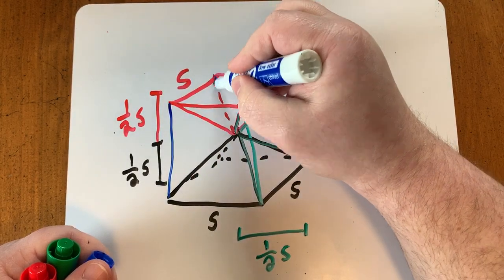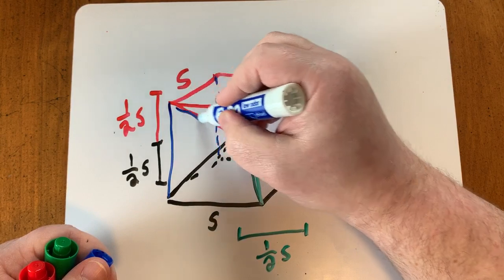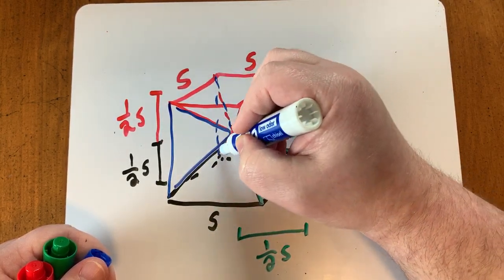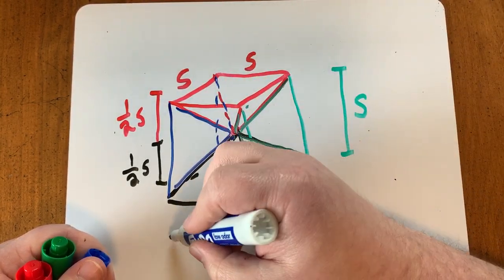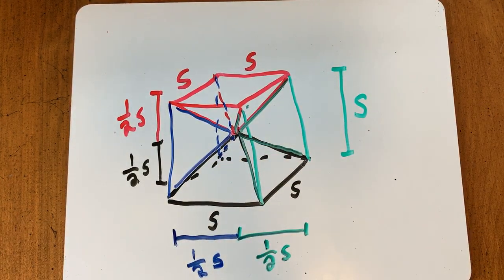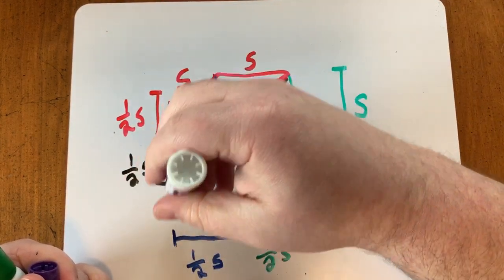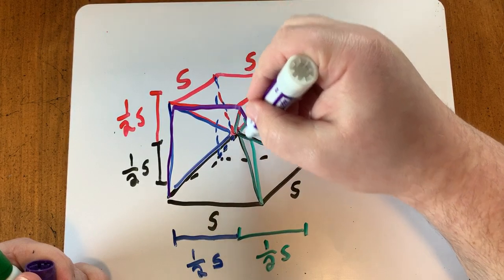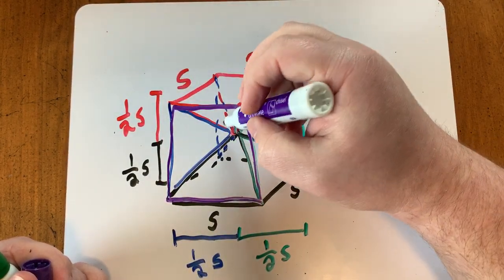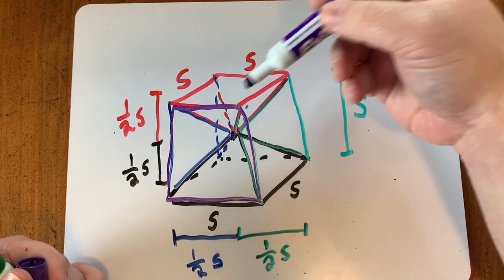From there to there is S. And then we have these making that pyramid on the other side. And then we can do the same thing with the front and back. We can take another one of these pyramids and nestle it into this front with an S by S square and the vertex going to the center there. And then another one in the back.